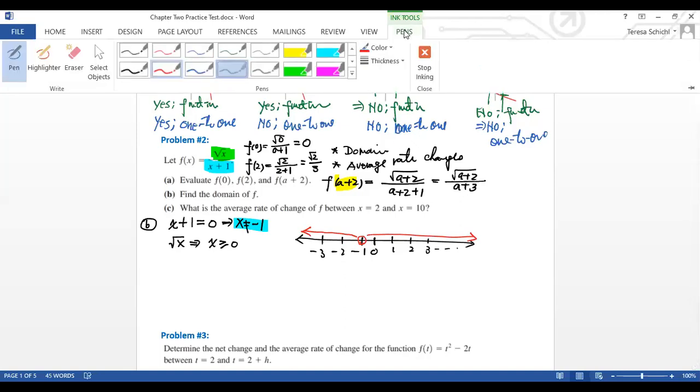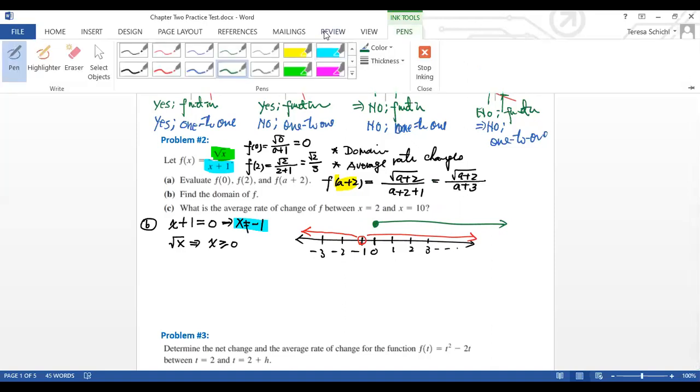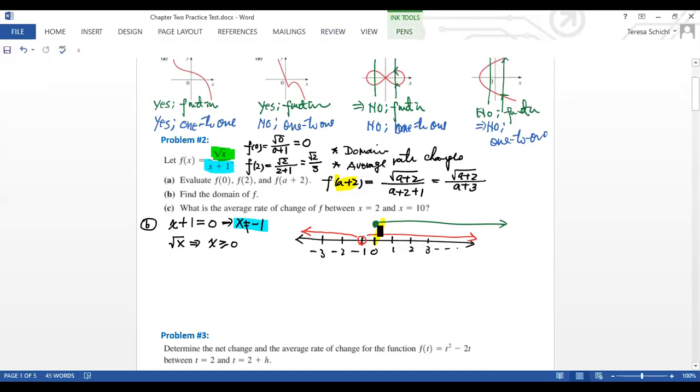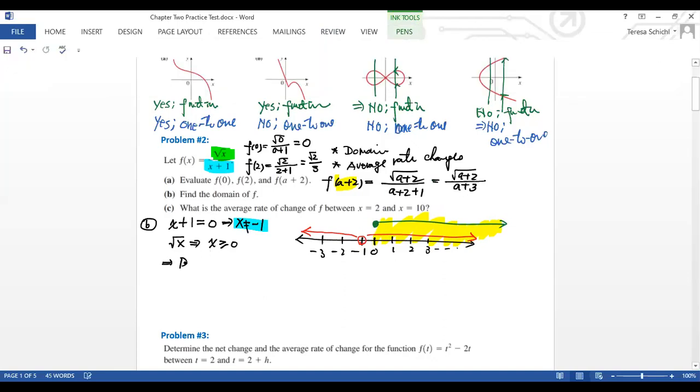Then the top one says x is greater than or equal to 0. The green one is the numerator and the red one is the denominator. So the domain has to satisfy both, and this area is where both are satisfied. Now let's write the domain in interval form. It will be from 0 to infinity.